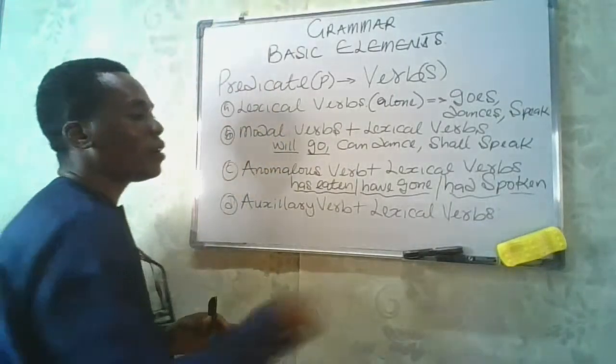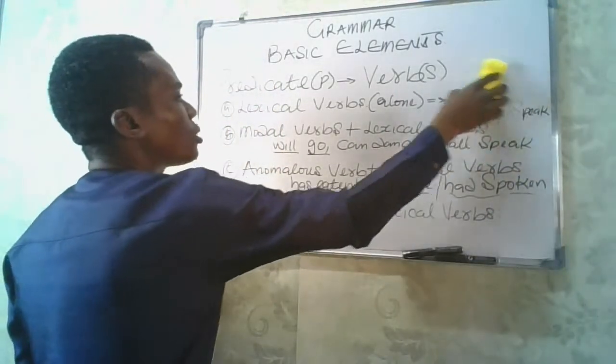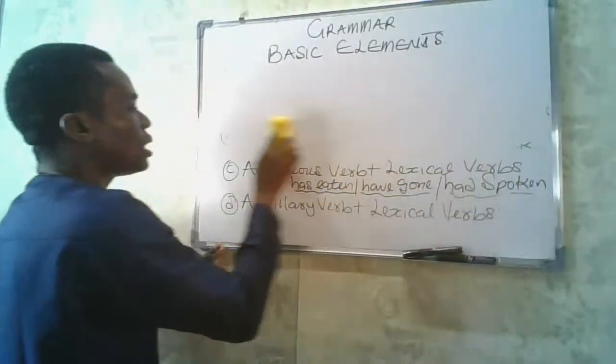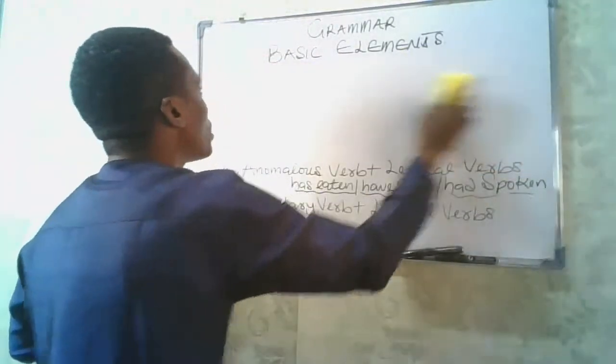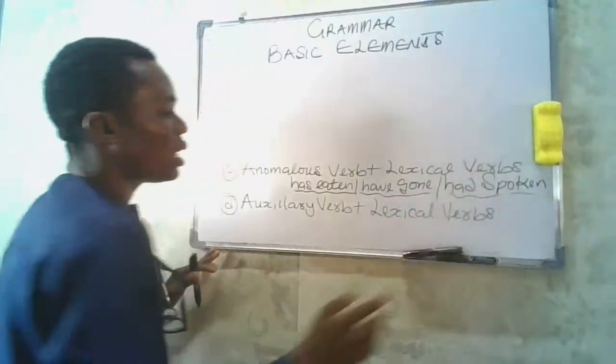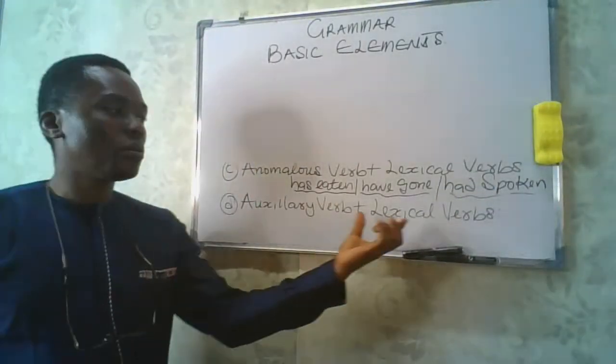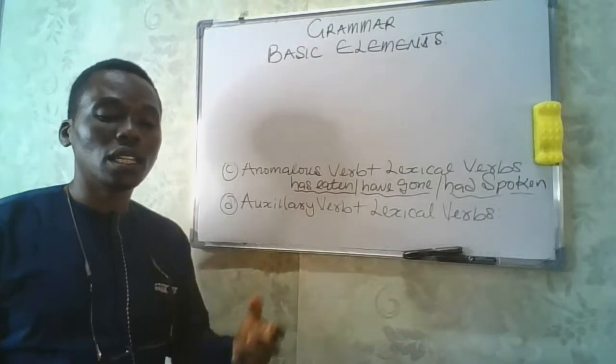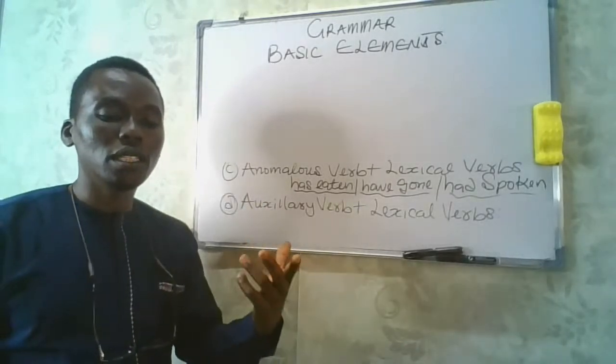So what are typical examples of the combination of auxiliary verbs and lexical verbs? Let's consider that. So when we talk about verbs, we can consider adding the auxiliary verbs and the lexical verbs to form the predicates in any sentence or the verbs in any sentence.